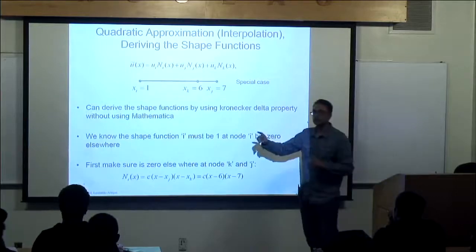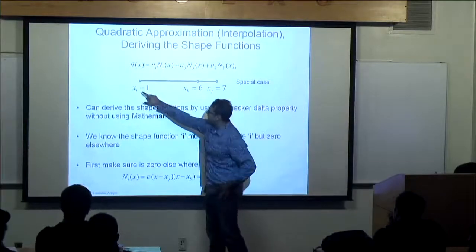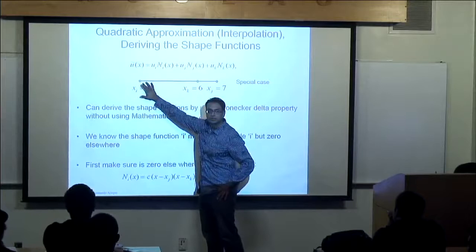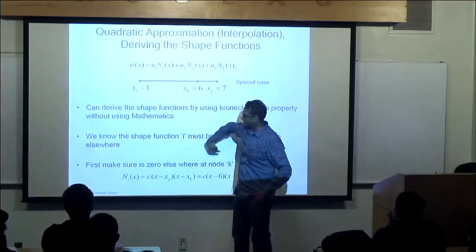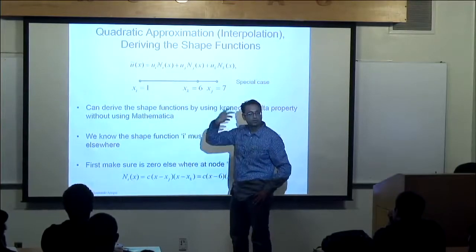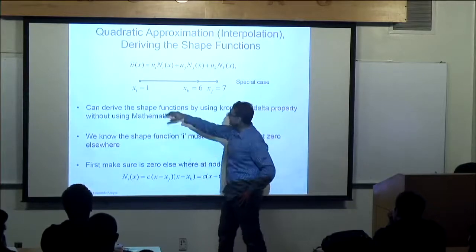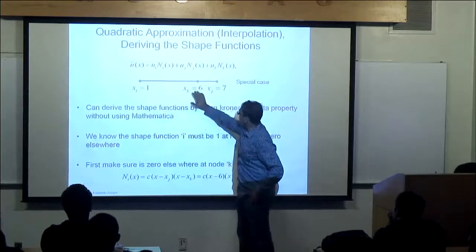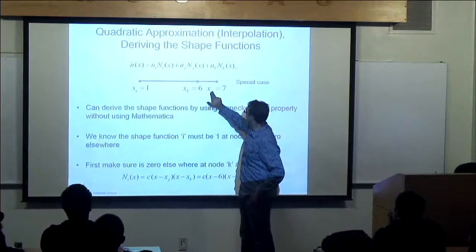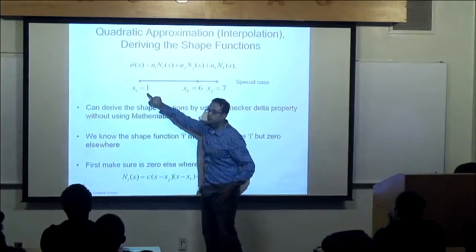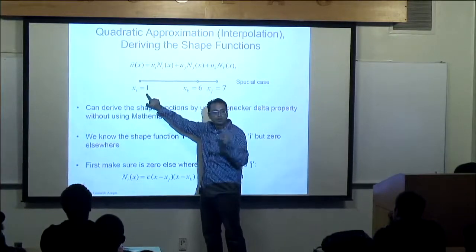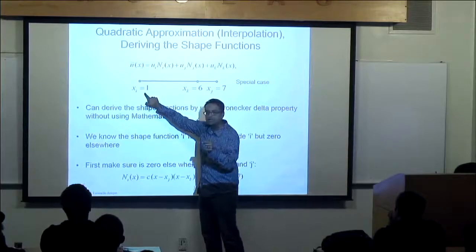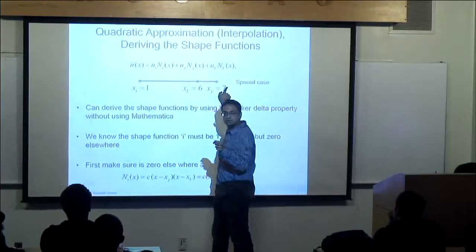Let's take this example. In this example, xi is 1, okay? And don't look at the solution. I probably have it here at the bottom, but I want you to think through it with me. Xi is 1, xk is 6, xj is 7. Let's look at shape function 1. Somebody tell me, what is the value of shape function I here and here? 0.